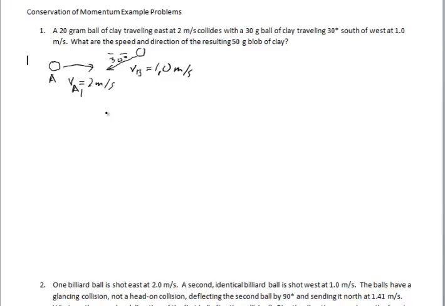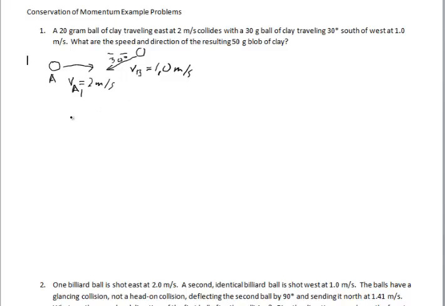All right. And from what the problem says, it's going to join together. It's a collision that joins together, a non-elastic collision. My guess is it's going to go in this direction because you have forward momentum and backward momentum. There's a vertical component here, so it should go down of some sort.